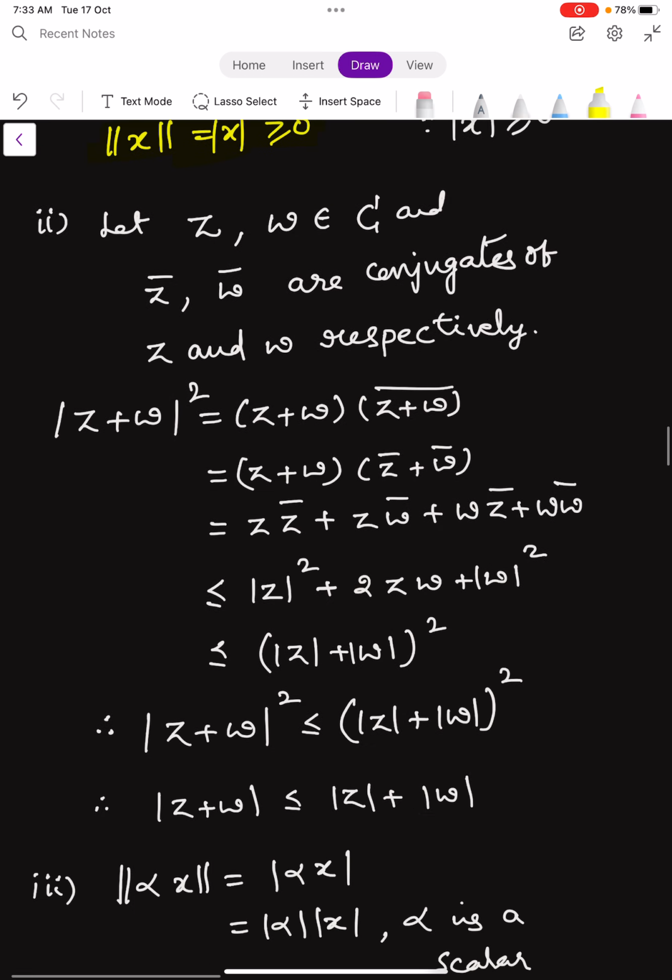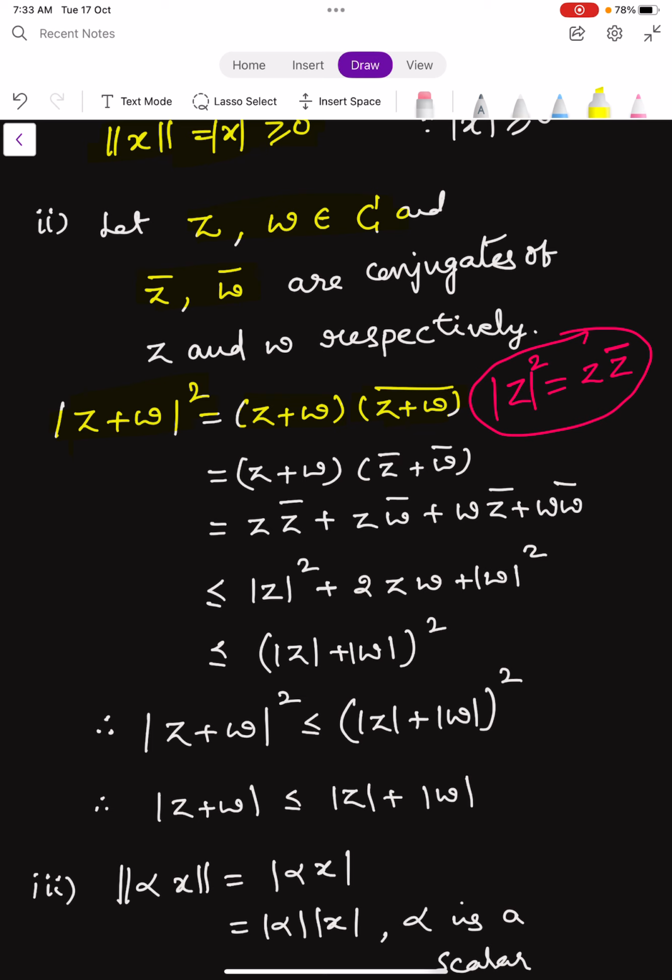Let z, w be complex numbers, and z bar and w bar are their conjugates respectively. Now consider z plus w whole square. We know that in the complex space, mod z square can be written as z into z bar. By using that fact, z plus w whole square can be written as z plus w into z plus w whole bar.